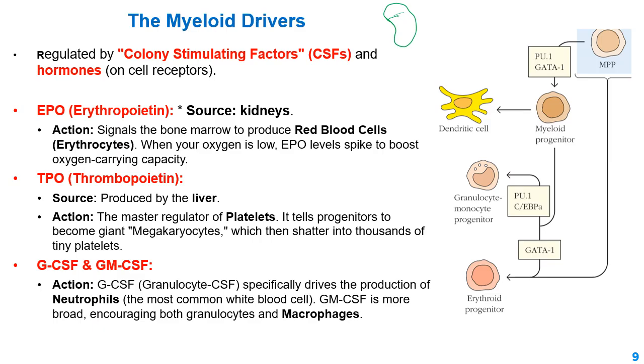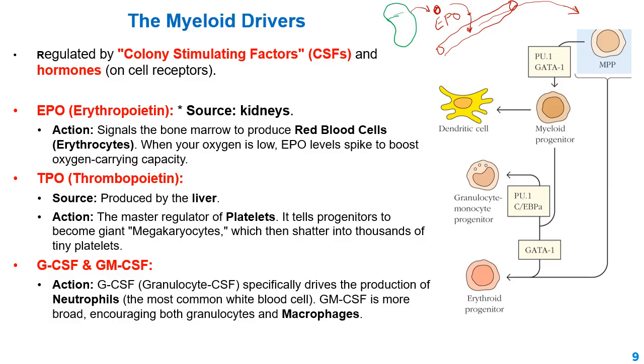So the kidneys are going to produce this molecule, called erythropoietin. This molecule gets dumped in your circulation, in your blood vessel, and it travels all around your body and eventually is going to reach a target cell.